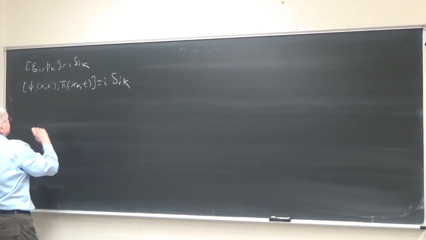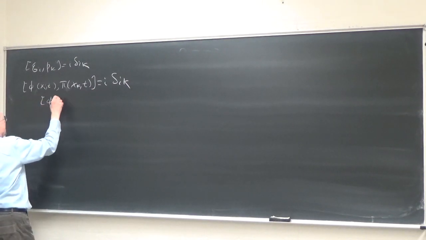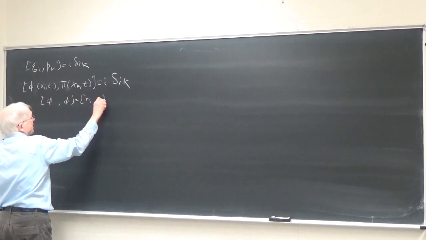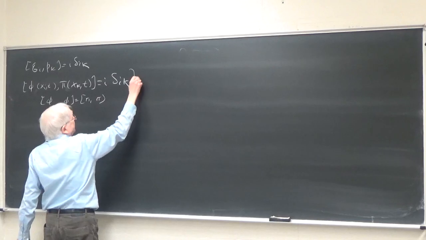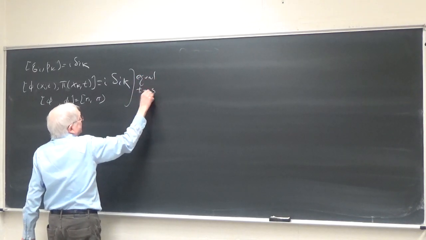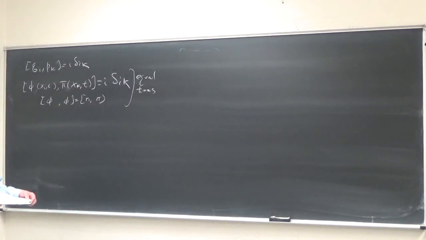Anyway, that will be a delta, and of course phi's commute with phi's, and pi's commute with pi's, all at equal times. So this is a sort of lattice regularization of the quantum field theory.